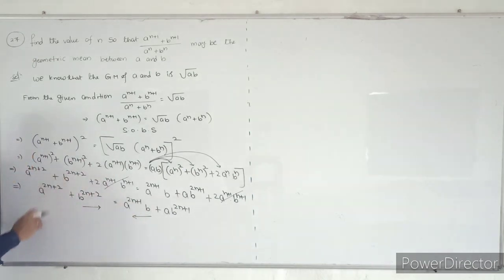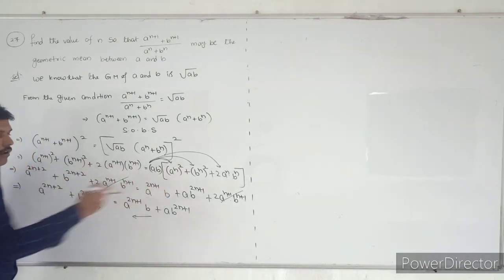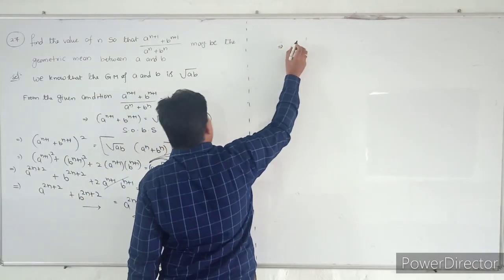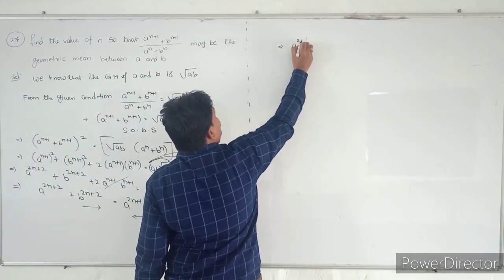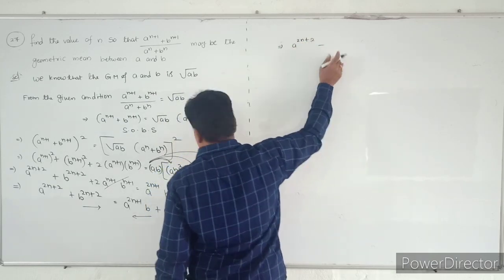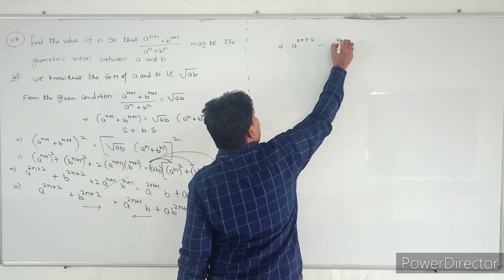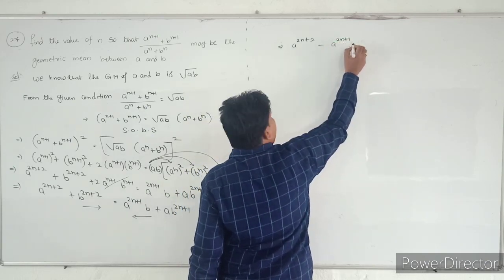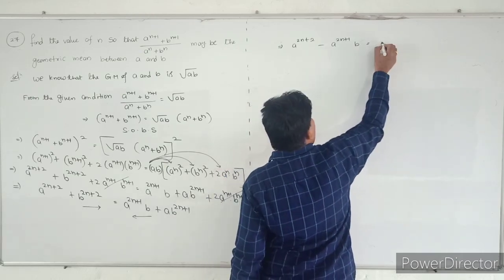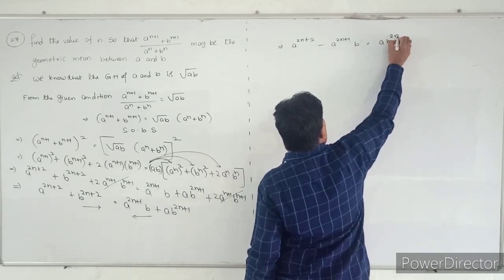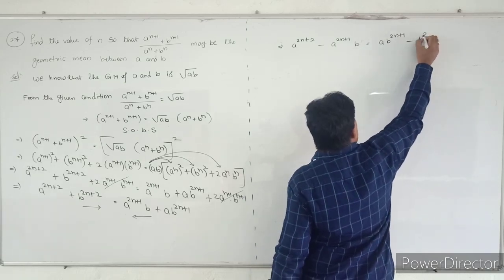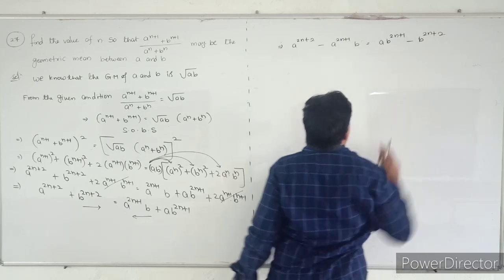What happens? So see that, that implies a^(2n+2) minus a^(2n+1) into b, so that is equal to a into b^(2n+1) minus b^(2n+2).